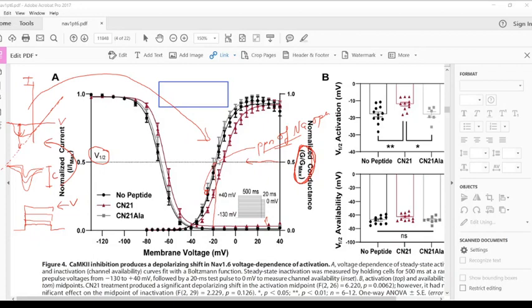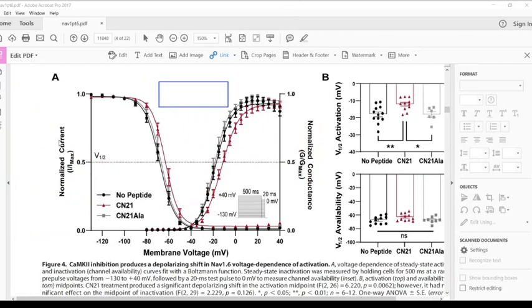And what they're showing you here, this curve shows you the dependence of the closed to open to inactivated back to closed. This here is describing this transition between closed and open.